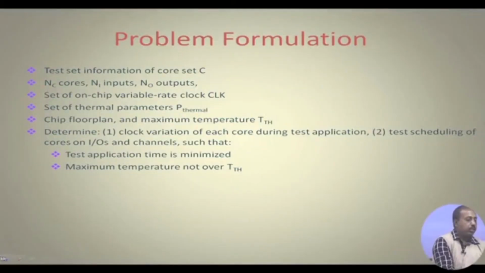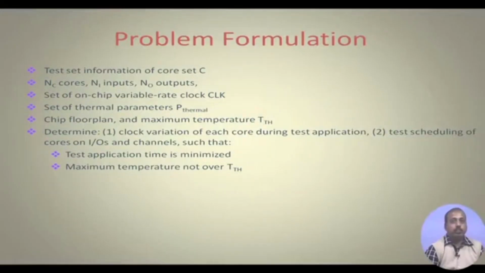So, given this temperature threshold and all that, we determine the clock variation of each core during test application, how these clock rates will be varied, and the test scheduling of cores on IOs and channels. That is, on which IO port and which IO channel they are going to be tested, and at what time they are going to be tested.